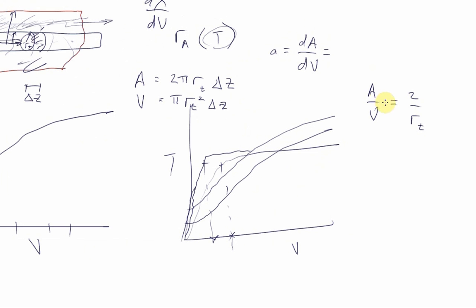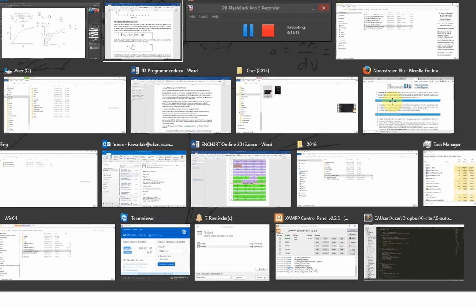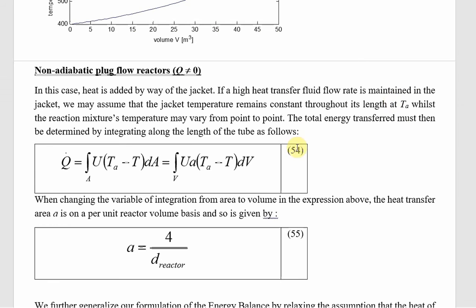So that's area as it varies with volume down the tube. So when we perform this integration, we can convert A to V by using this area here. And in the notes, it's written in terms of diameter instead of radius. So it's 4 over diameter or 2 over the tube radius. Is that clear? Any questions or comments there?